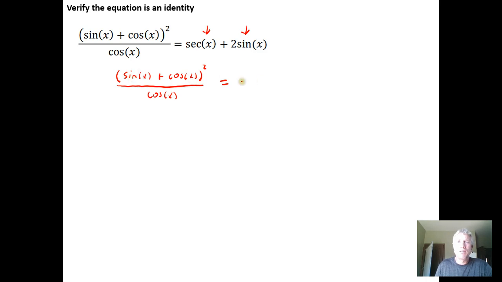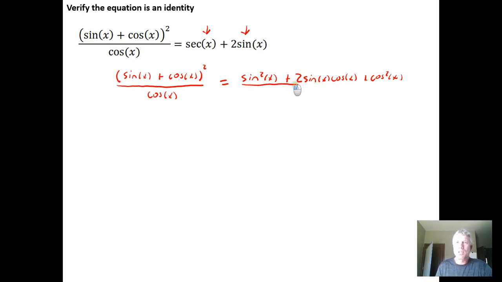We'll get sine times sine is sine squared, plus the middle terms, we'll get two middle terms, and the middle terms will be sine x cosine x, plus, and then we'll get cosine squared of x.